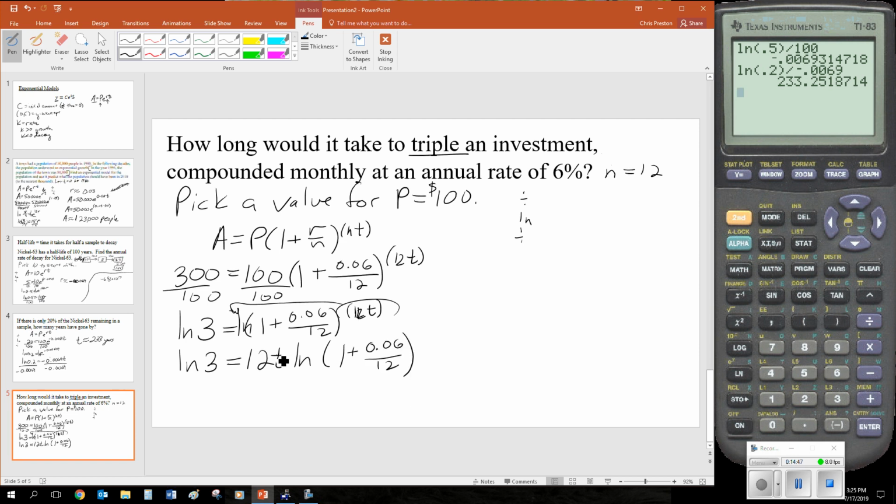Now I want to get t by itself, so I'm going to divide both sides by the 12 and the natural log of 1 plus 0.06 divided by 12.